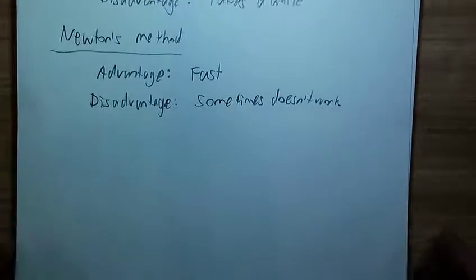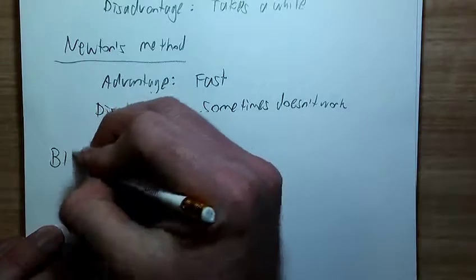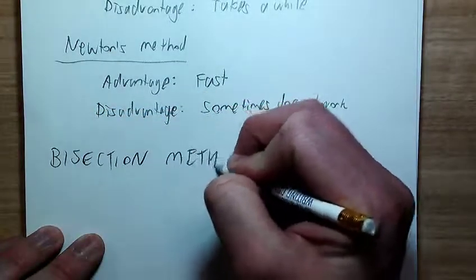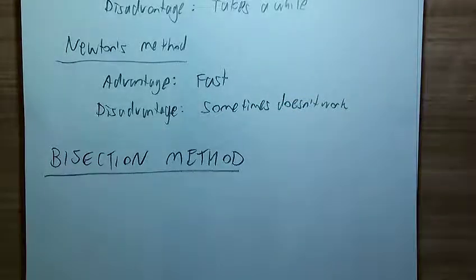So Newton's method and bisection method. I'm going to do bisection method first because it's the easier one, and then I'll do Newton's method. The bisection method is based on the intermediate value theorem, which says that if a function is below the x-axis somewhere and above the x-axis somewhere further on, then it must be on the x-axis somewhere in between.